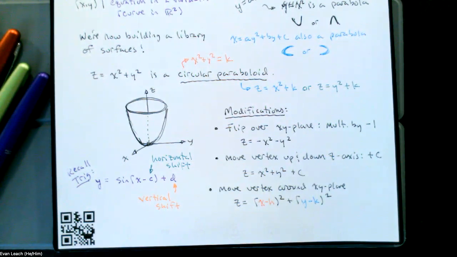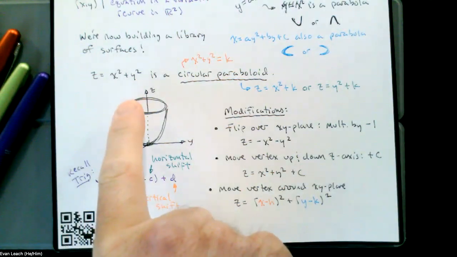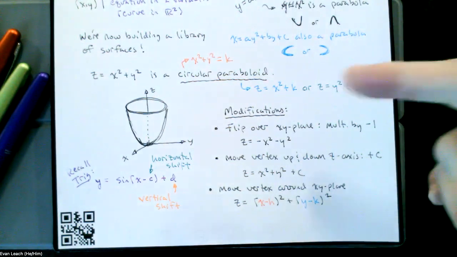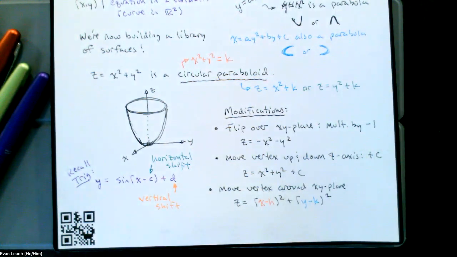What are we talking about? So, on this page of notes from Calc 3, what's the only new idea that we have? It's just one new idea: that z equals x squared plus y squared will produce a circular paraboloid. I call that new because we talked about it yesterday, and today was the first time I used the words circular paraboloid.